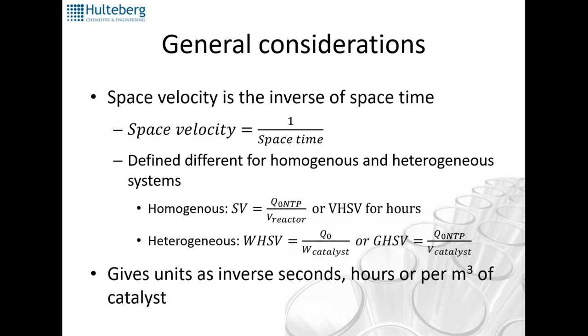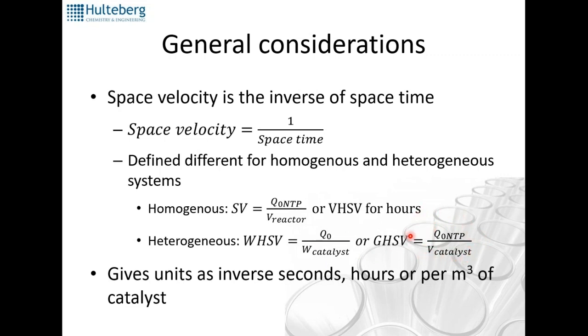So we define weight hourly space velocity as the incoming flow rate divided by the weight of the catalyst, or indeed the gas hourly space velocity as the flow rate at normal temperature pressure divided by the catalyst volume.